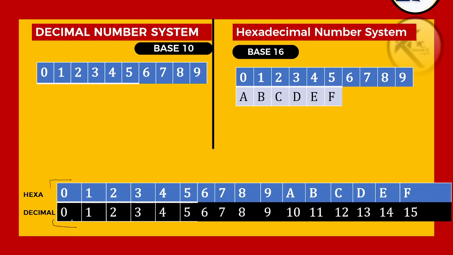So for the symbols 0 to 9 in hexa, they are also equal to 0 to 9 in decimal. But the value A in hexa is equivalent to the value 10 in decimal number system, and value F in hexa is equivalent to the value 15 in decimal number system.